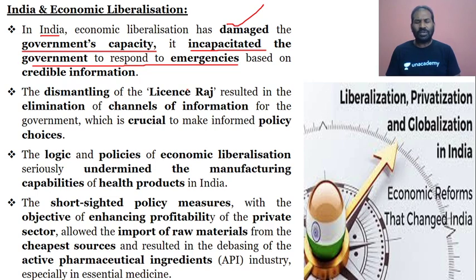And emergencies, what we are talking about, is in regards to what we are experiencing in the post COVID-19 pandemic situation. We are falling short in India.